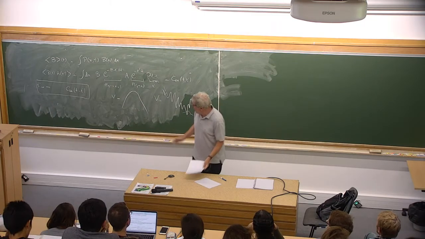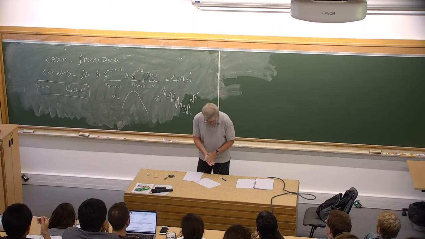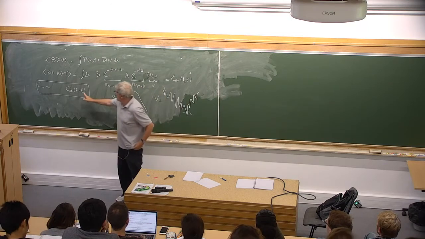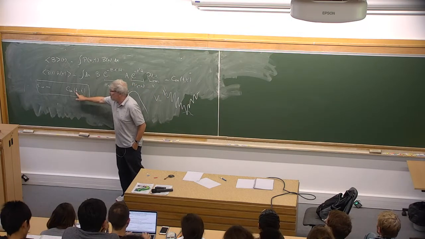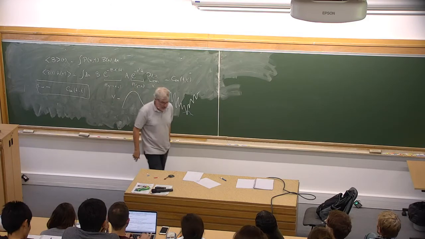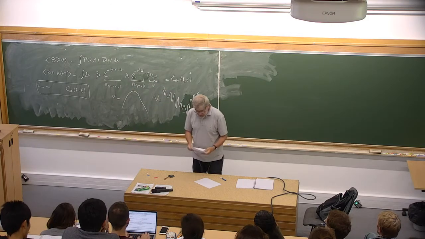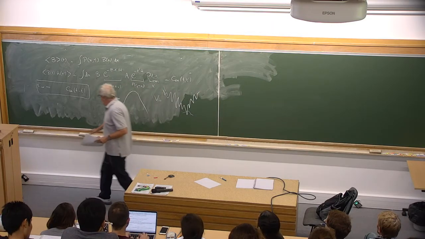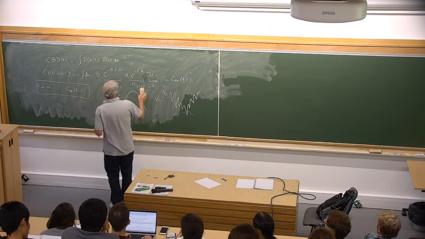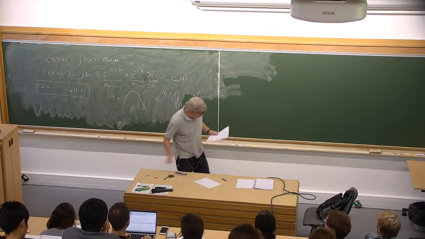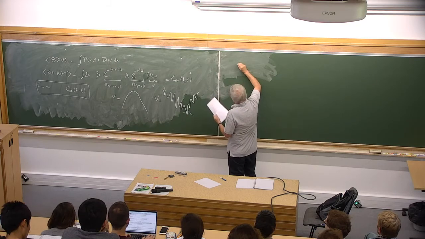Okay, so now stationarity, also known as time translational invariance, because if you add a month to t prime and to t, you get the same difference and you get the same value. Other than that, there is another quantity that is important, which is the response. So the response is the following.